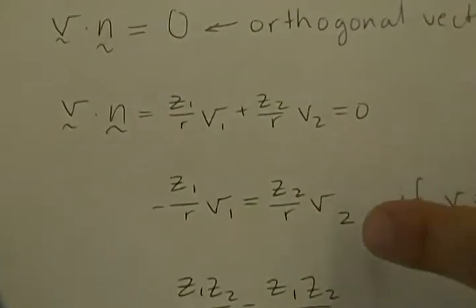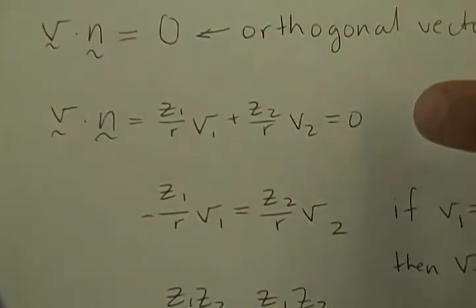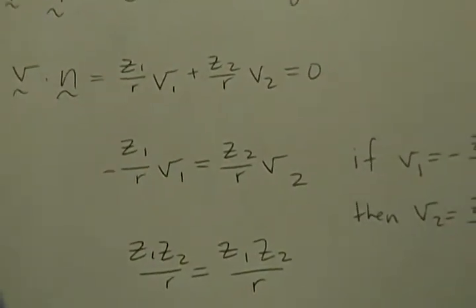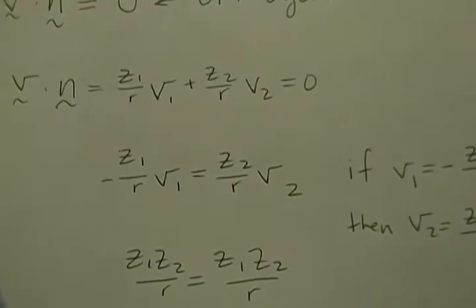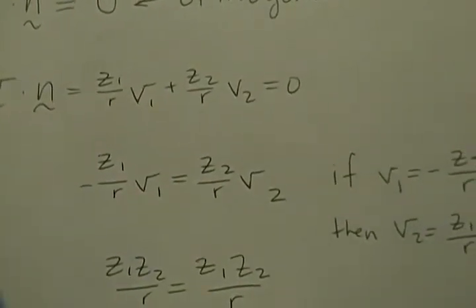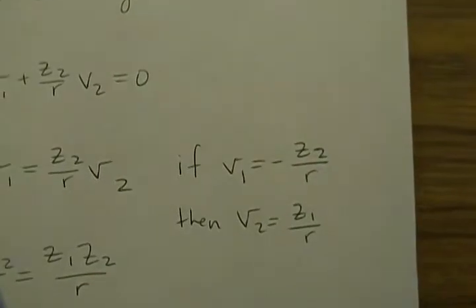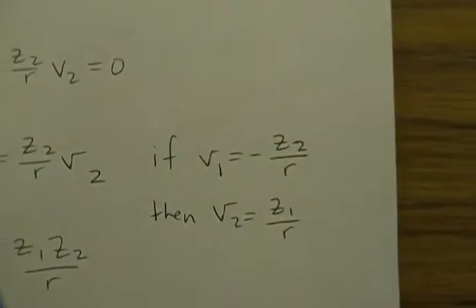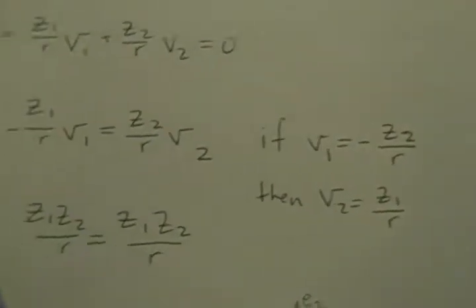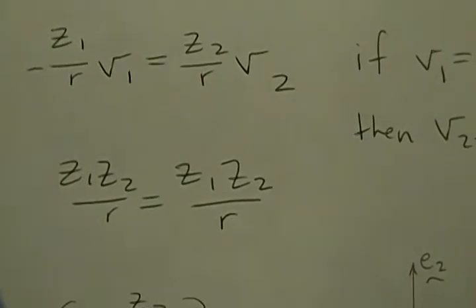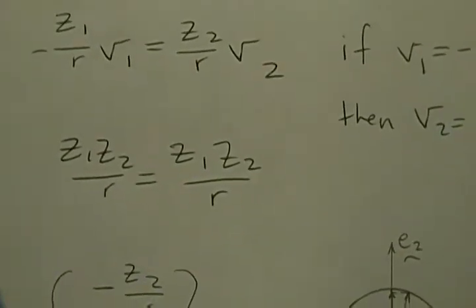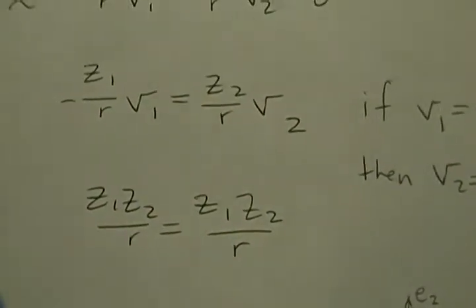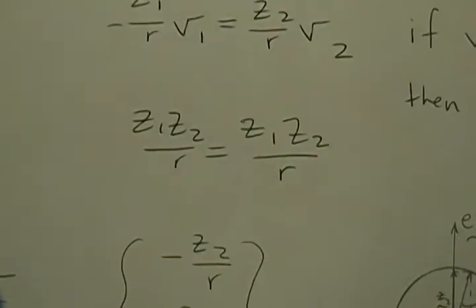And then we come down to here, and using the definition of the dot product, we find that negative z1 over r v1 has to equal z2 over r v2. So then we say, if we set v1 equal to negative z2 over r, then v2 has to equal z1 over r. And we can see, plugging in, that we get z1 z2 over r on both sides. Therefore, our vector v is orthogonal to the vector n.